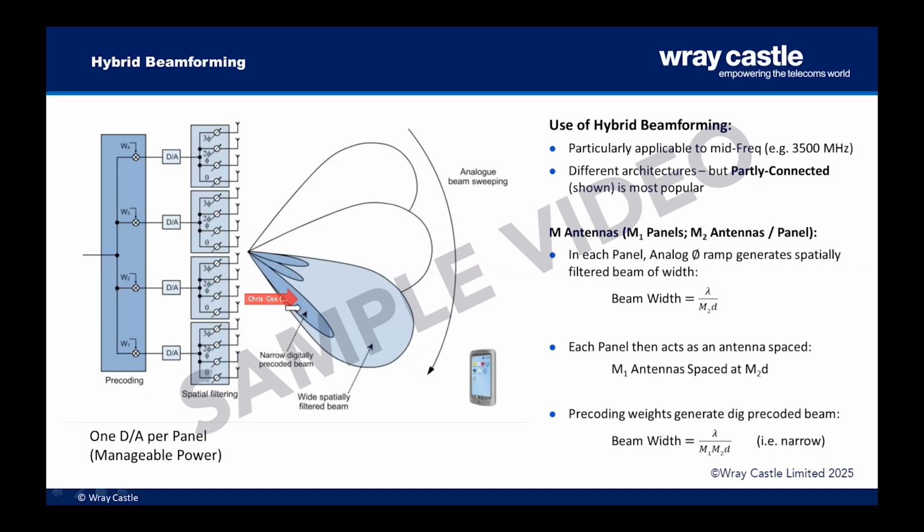So together, this gives us some of the flexibility from the pure digital solution, although not all of it. The intermediate complexity and intermediate power consumption make this suitable for intermediate frequencies, for example, the 3500 megahertz band.